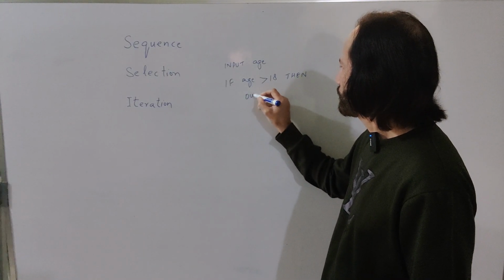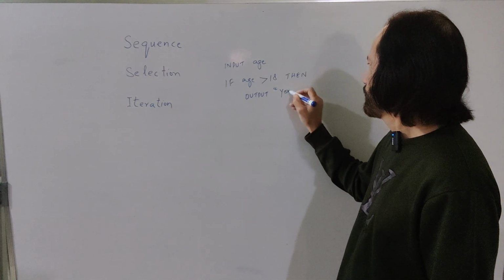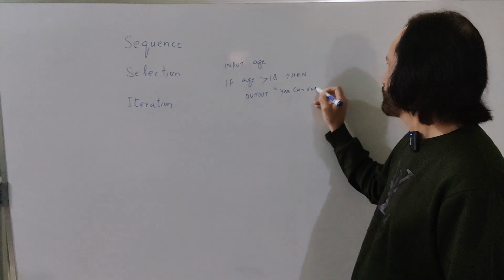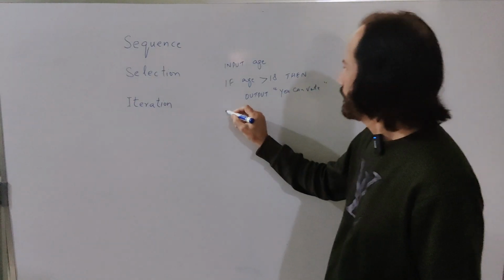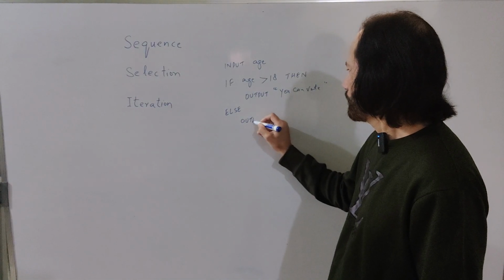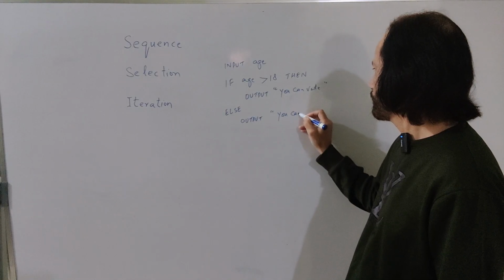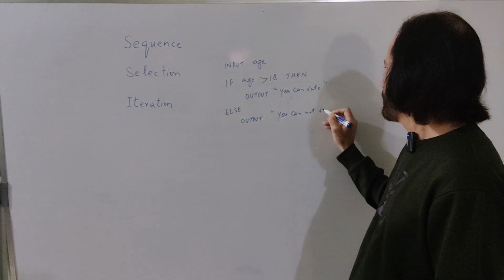What action? Output you can vote, else output you cannot vote.